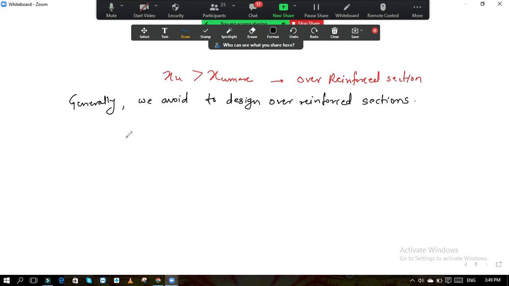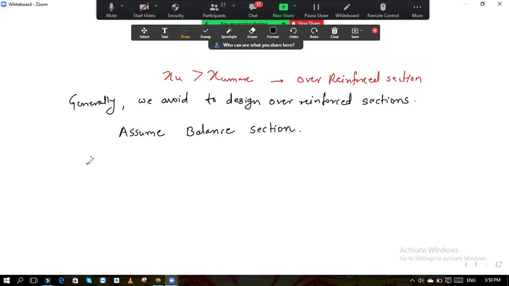So what we will do, therefore, is assume this section as a balanced section. Okay, this is the balanced section.